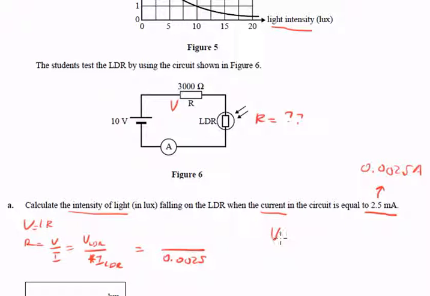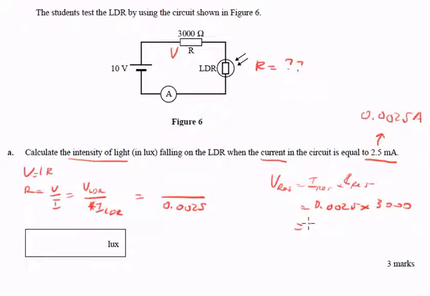So the voltage in the resistor equals the current in the resistor times the resistance of the resistor, which is again 0.0025 times 3000. When you do that on your calculator, you get 7.5 volts. So if this is 7.5 volts, and there's 10 volts, 10 minus 7.5, there must be 2.5 volts left over for this one.